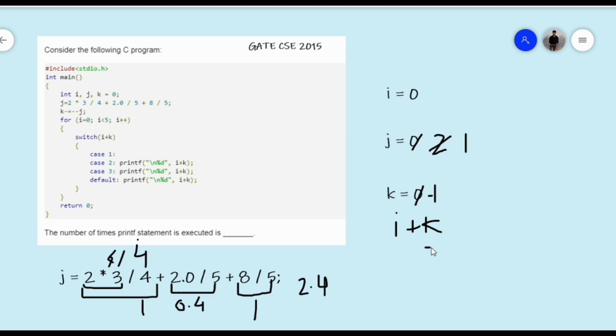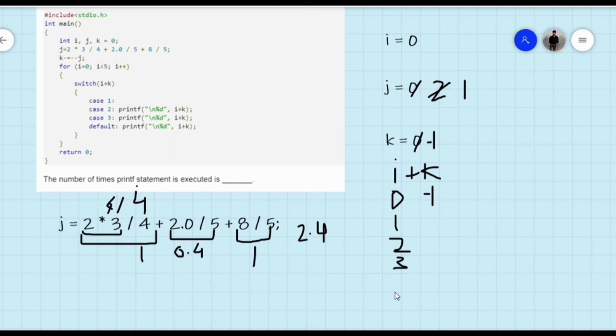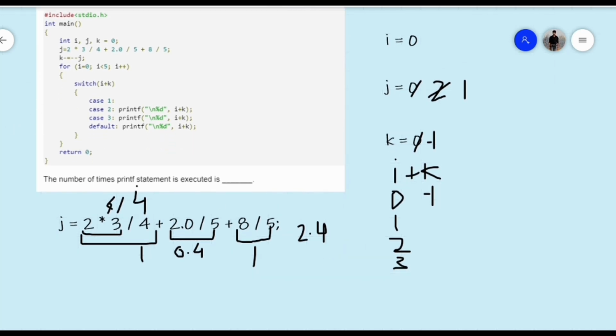That is minus 1, and this will remain the same for each case, while we are changing the value of i. So firstly i will be 0, then i value will be 1, then 2, then 3, and then i value will be 4.